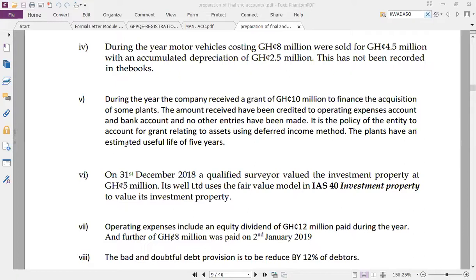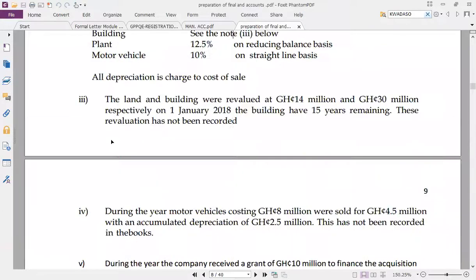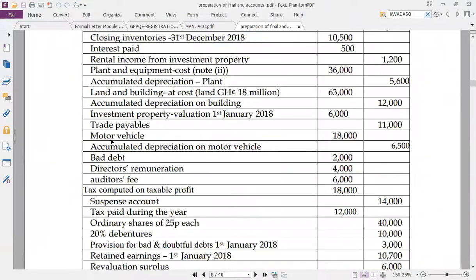Now, this 5 million here, that's the fair value at the end. Let's go and compare it with the fair value at the start, which will be in the trial balance. If it has decreased, then it's a fair value loss, which must be added to the operating expenses. So let's go and compare. The investment property here, the value is 6,000 at the beginning.